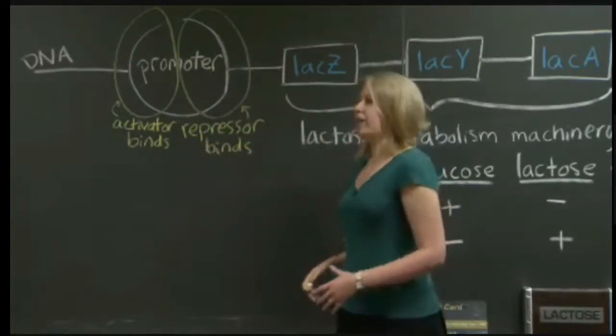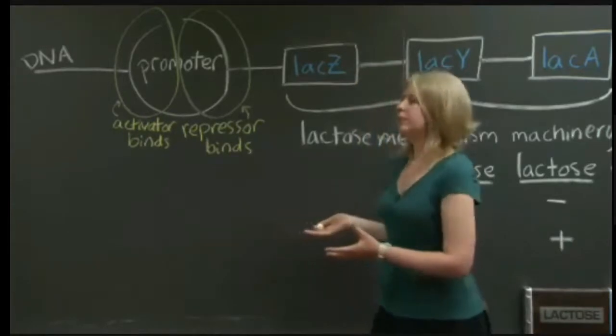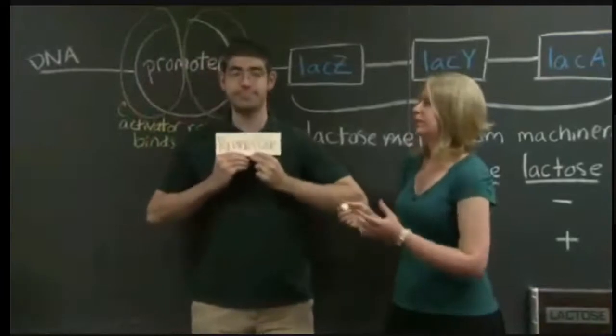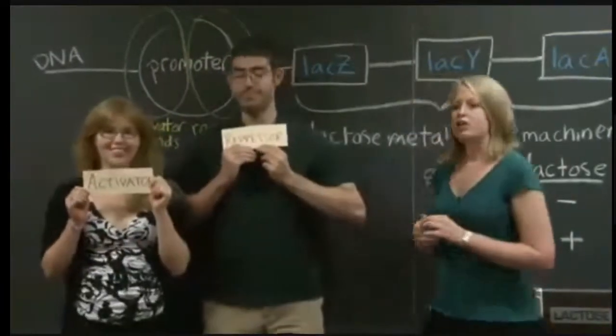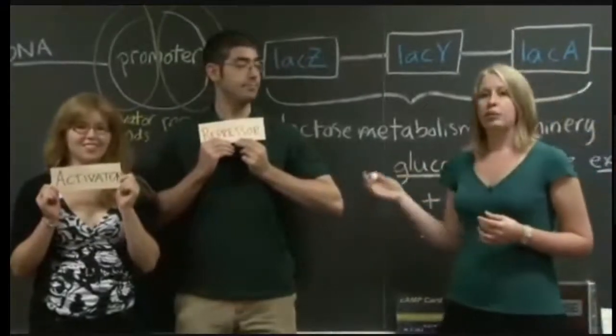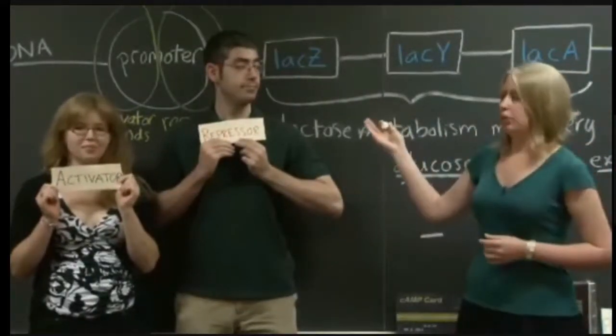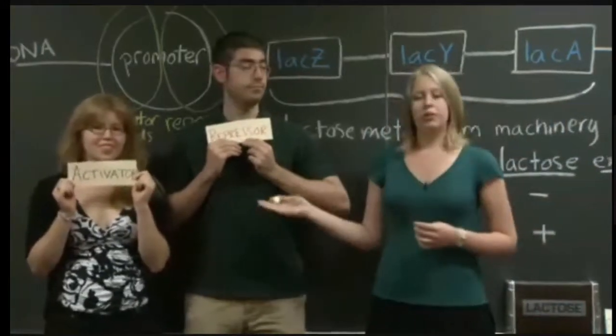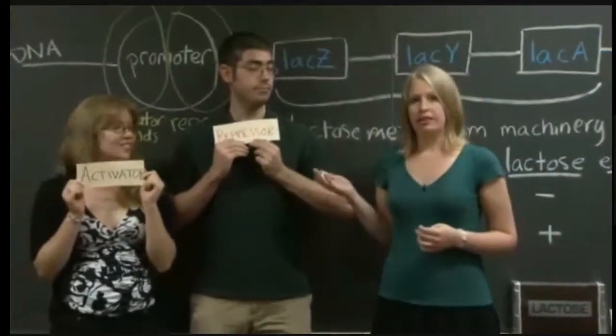So I have a repressor and I have an activator. So when the repressor is bound, polymerase cannot bind to the promoter. Polymerase also needs the activator to be bound to the promoter in order to bind.